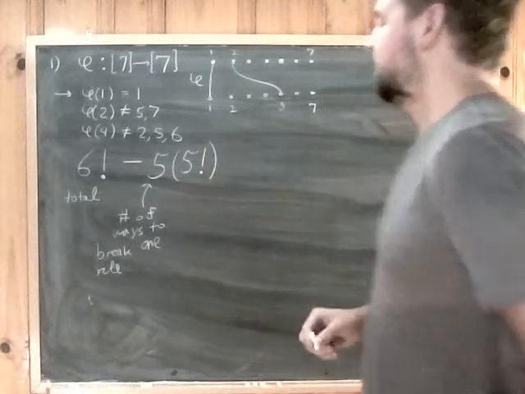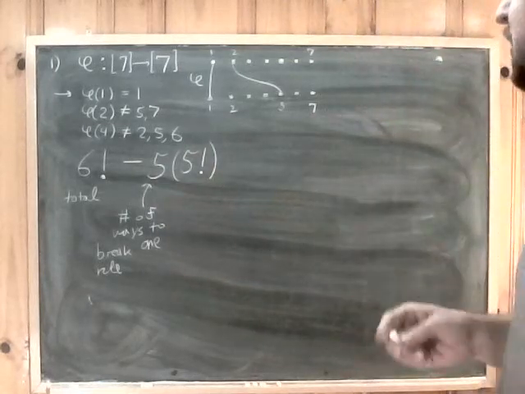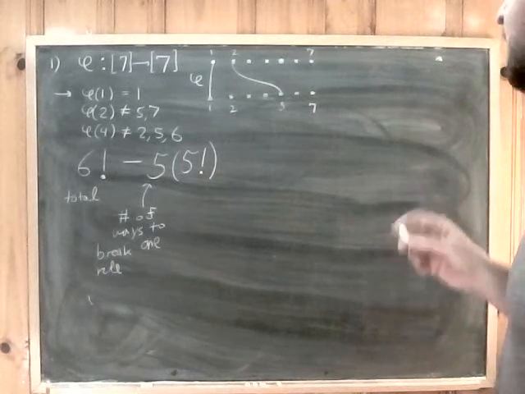So we have 5 collections of 5 factorial each. That's why it's minus 5 times 5 factorial.